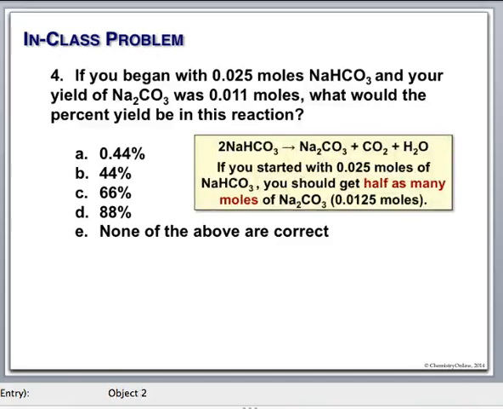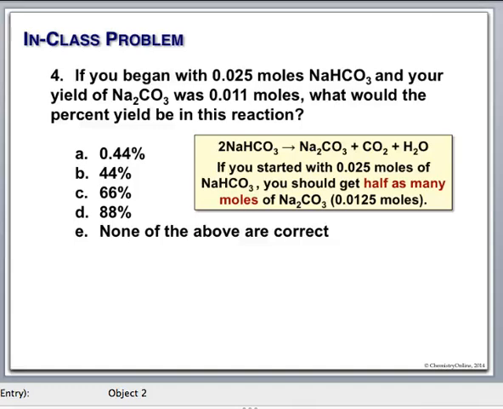Our decomposition reaction looks like this. 2 bicarbonates, 1 carbonate, CO2, and water. Okay? So if we started with 0.25 moles of sodium hydrogen carbonate, how many moles of this stuff should we get?